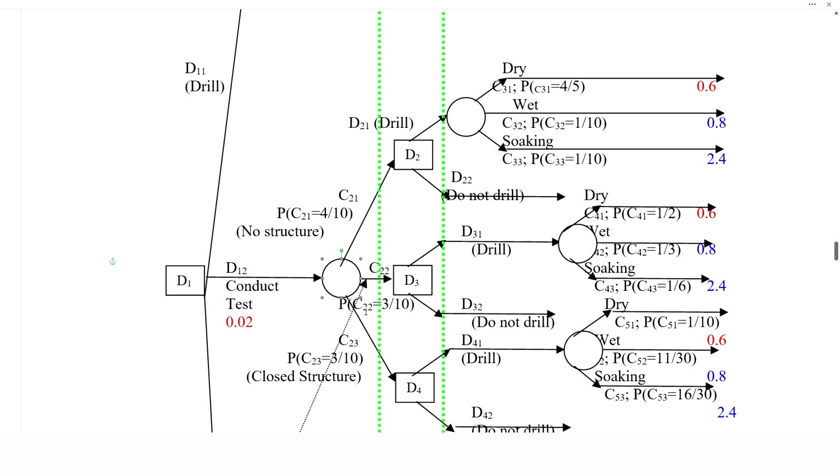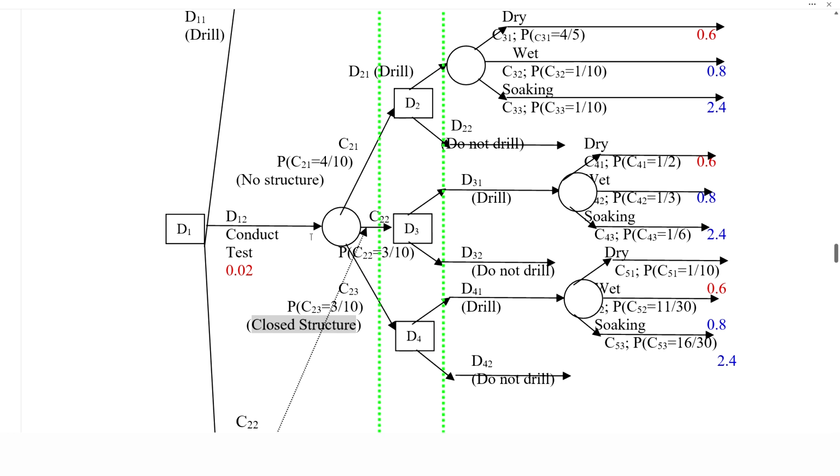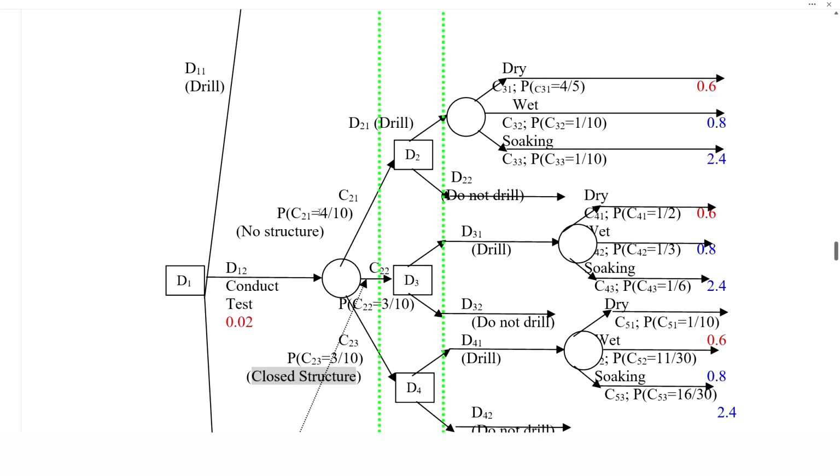Then you have C22, which is open structure, and I have marked it here so that there is no confusion. The last point, C23, is closed structure. Now, very interestingly, the probabilities given are the unconditional probabilities for conducting the test, because you conduct the test and then only you drill.